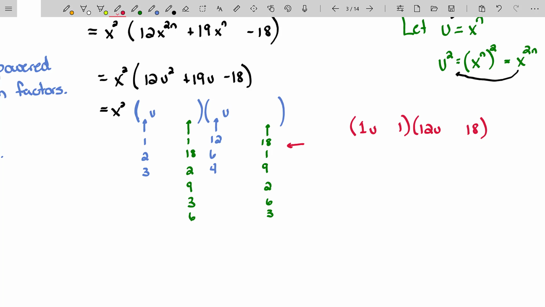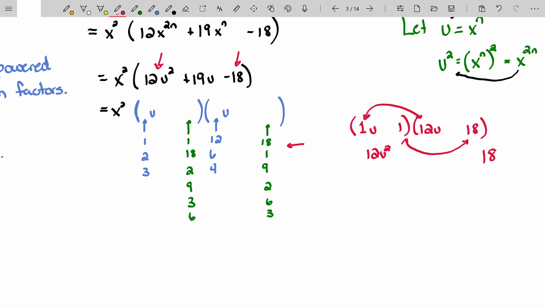And if this works, well then notice the product of 1u and 12u is 12u squared, which is exactly what we wanted. And notice the product of 1 and 18, well, that's 18. We need it to be negative, but we'll worry about that later. So the first and last numbers basically work.